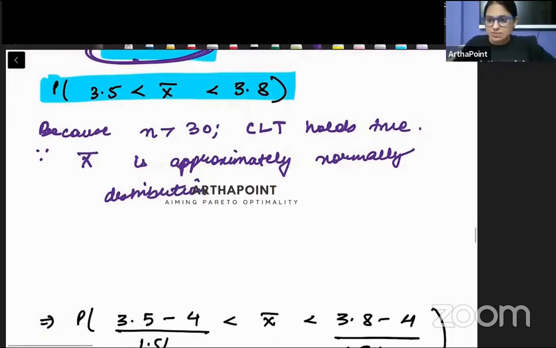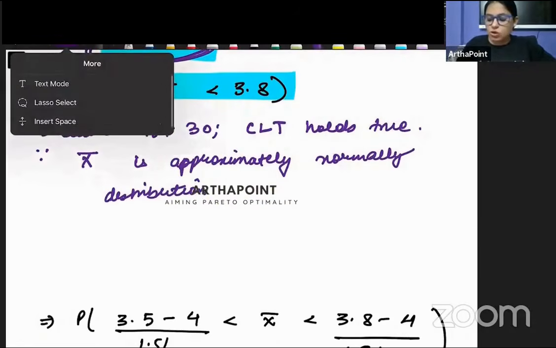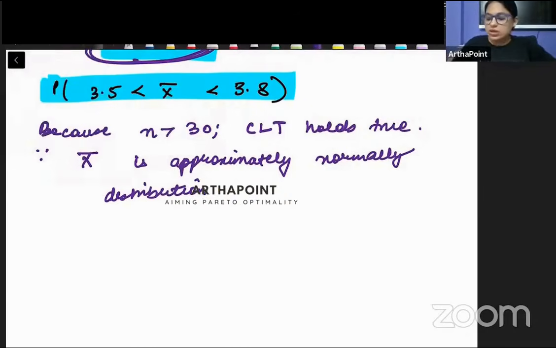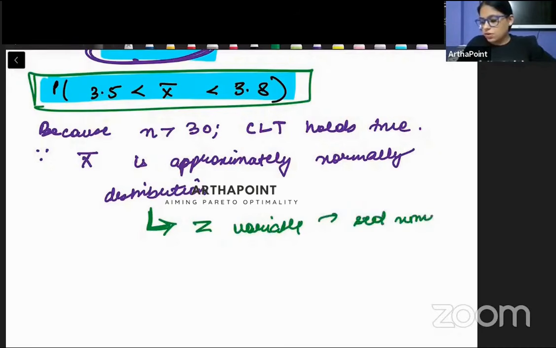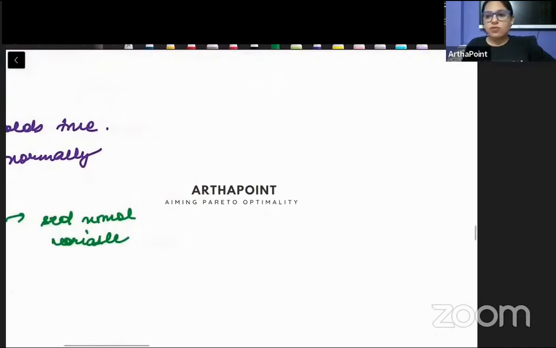And since x bar is approximately normally distributed, what can we do, bache? We can convert this in the form of a Z variable, in the form of a standard normal variable.